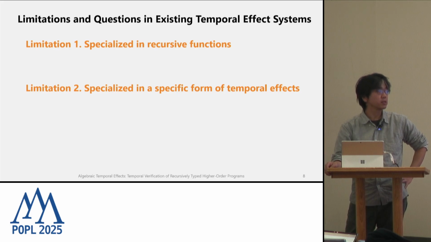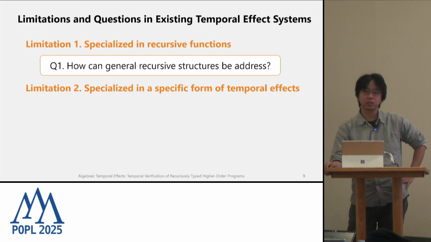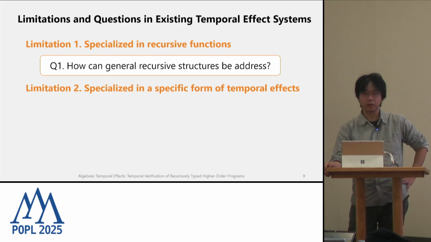But the current temporal effect systems have some limitations. The first limitation is that they are specialized only to recursive functions. So it is unclear how we can address more general recursive structures. The second limitation is that the existing temporal effect systems are specialized to some specific form of temporal effect.